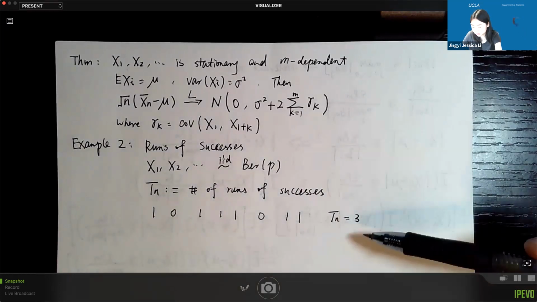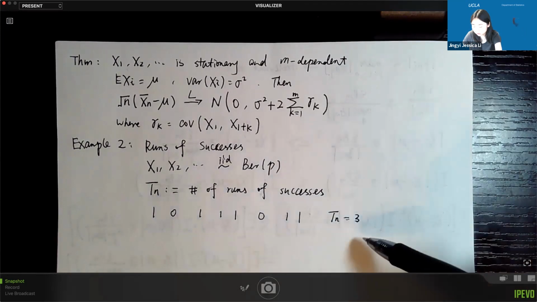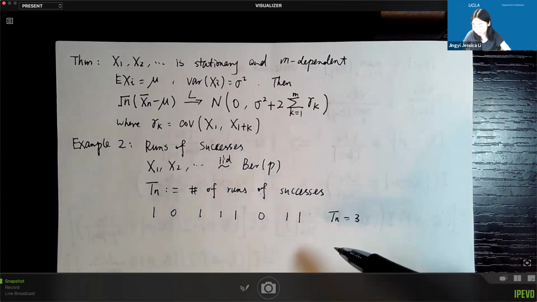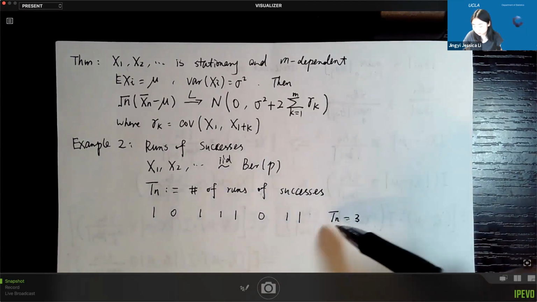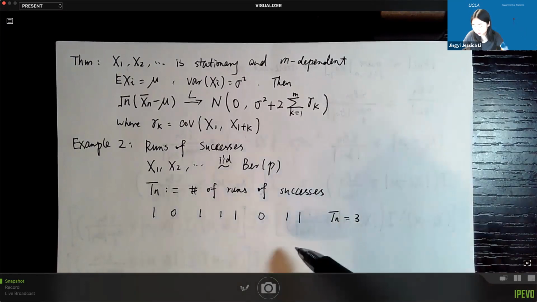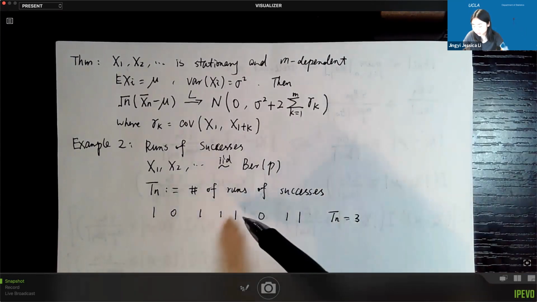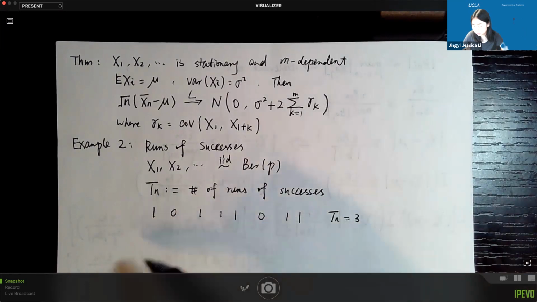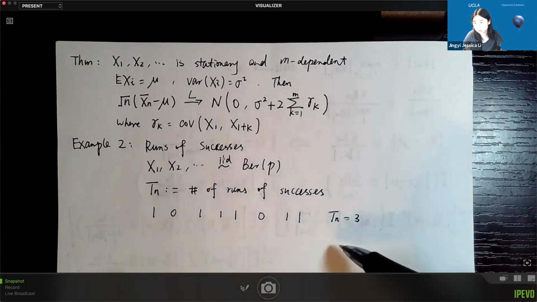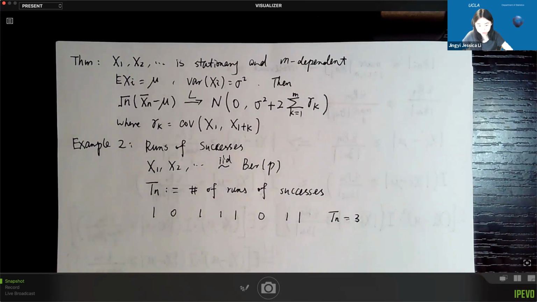So for example, in this realization, although my n is still pretty small, Tn is 3. But if I realize another n equals 8 sequence, I may have Tn equals 2, or I may have Tn equals 5. So I'm just interested in the distribution of Tn when n is very large. And that's what we mean by asymptotic distribution.